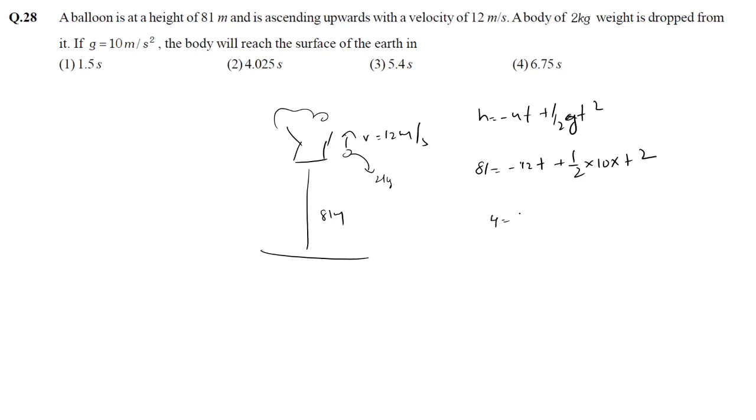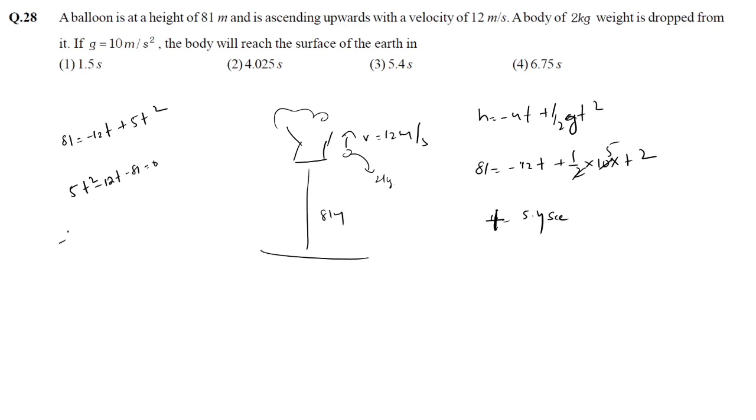So you will be getting it as 5.4 seconds. Okay, so for example you can do like this. See, 81 is equal to minus 12t plus 5t square. So the equation will be 5t square minus 12t minus 81 is equal to 0. So find out the roots.